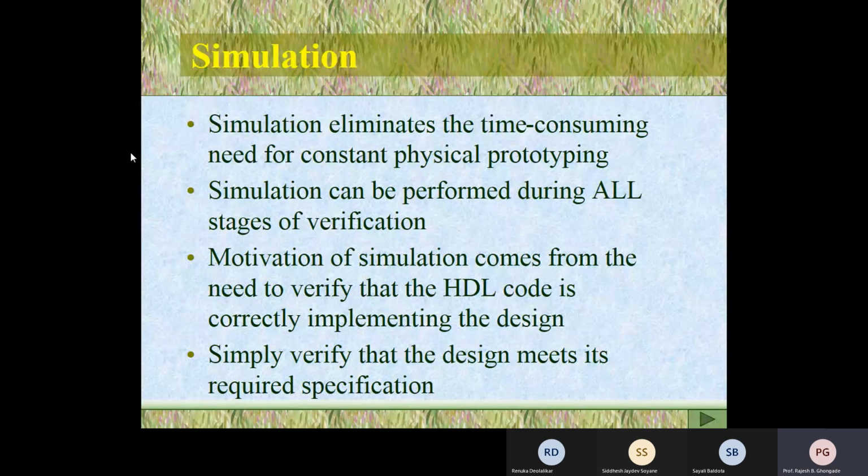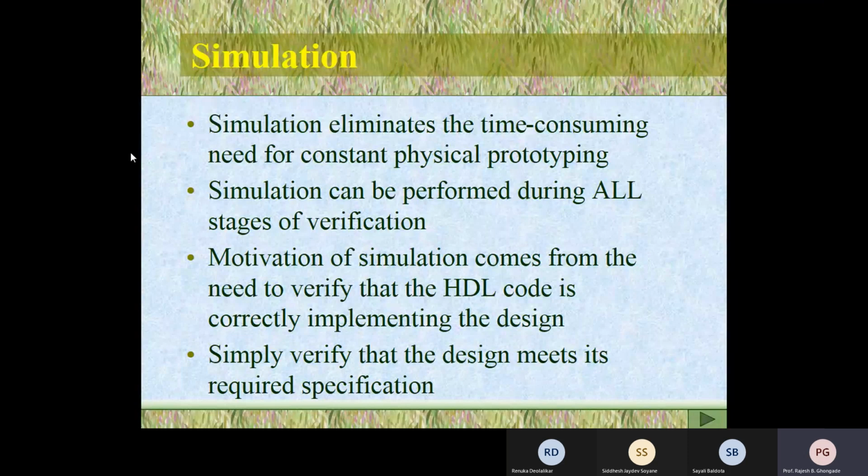So you will have different blocks, and those blocks have to be simulated separately. What do you mean by all stages of verification? It means right from the start, which component to select and all those kinds of things. You can start with that, and if you are not happy with the simulation performance, you can go back and change the components.